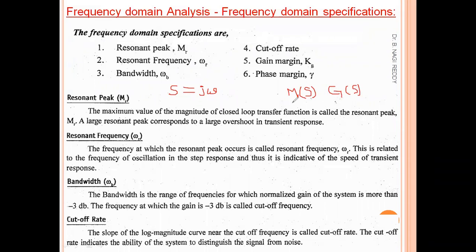If we want to represent the same closed loop and open loop transfer functions in the frequency domain, what we have to do is just simply substitute, wherever you find S, replace that S with j omega. So in the frequency domain, the closed loop transfer function is given as M of j omega.